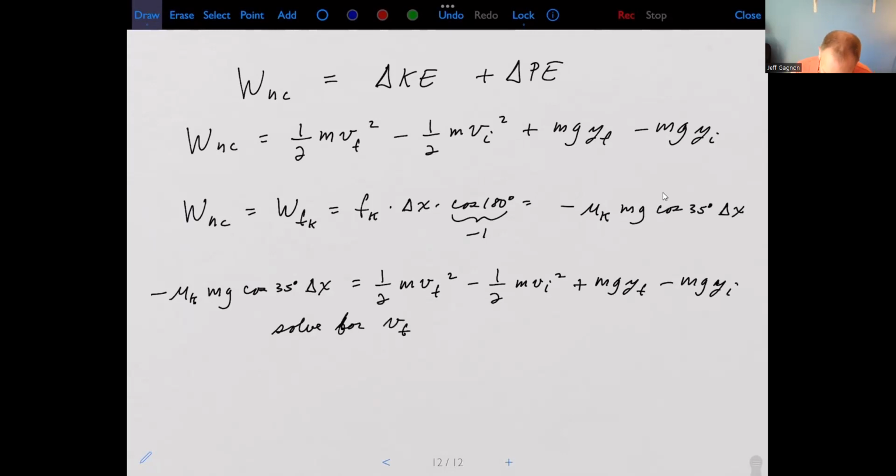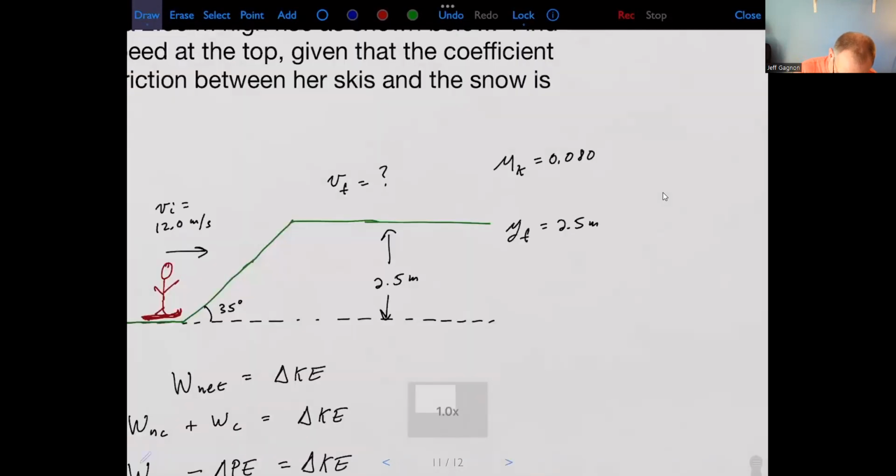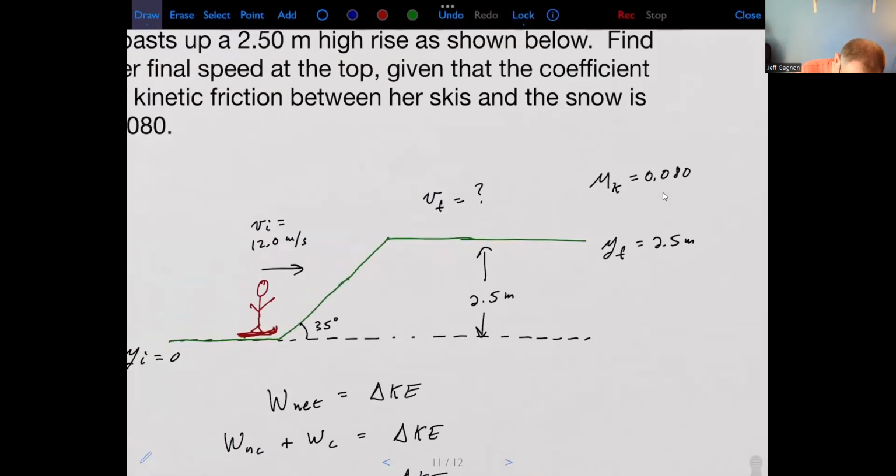Right, remember what we're trying to find here. I'm going to go back to this picture. We're trying to find the velocity of the skier when she reaches the top here. What is her final velocity right when she reaches the top? She has this velocity right before she goes up this hill of 12. She's going to lose some energy here, right?